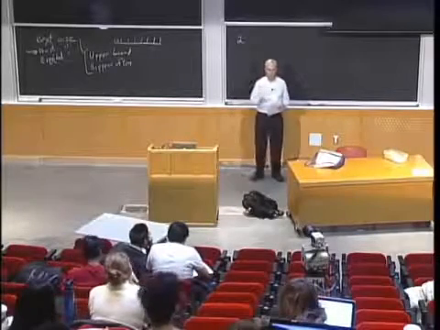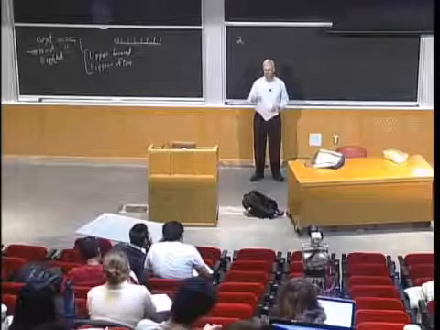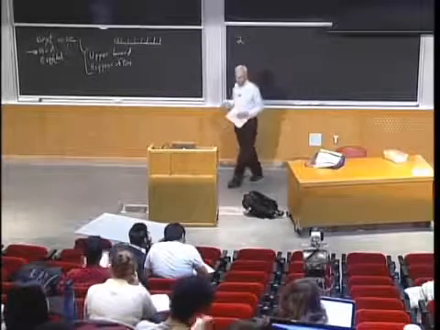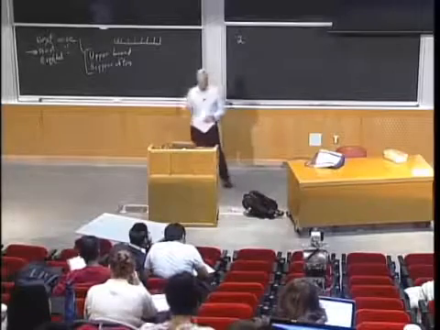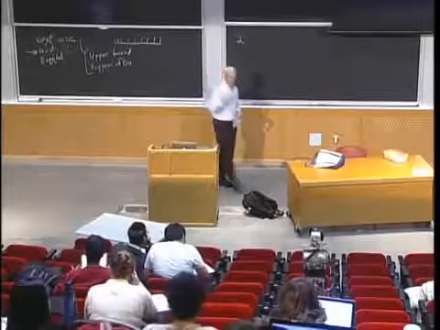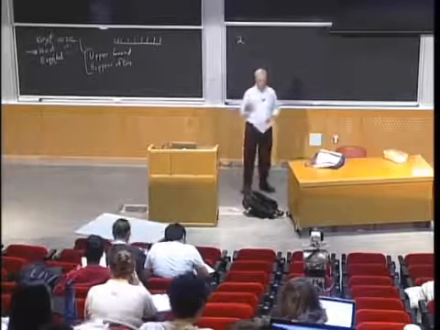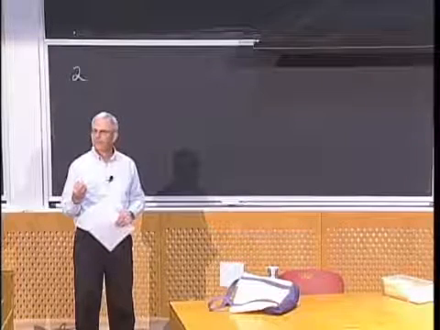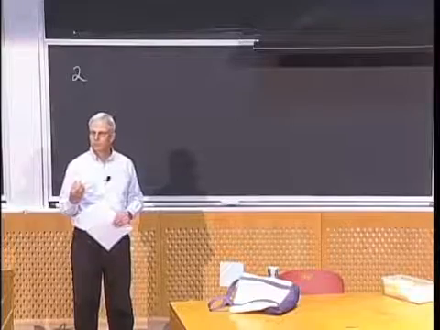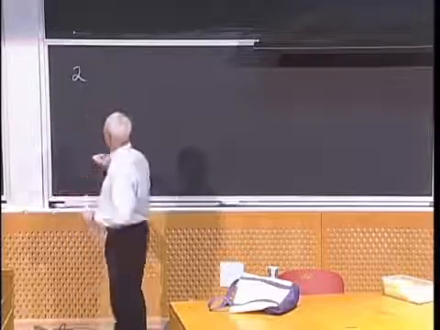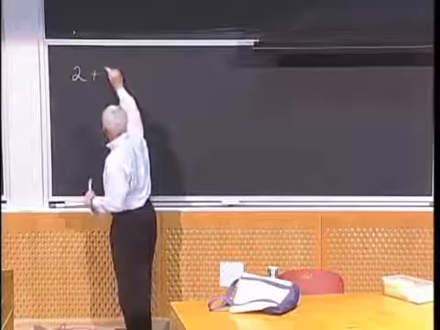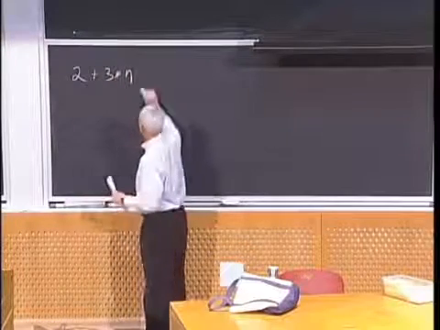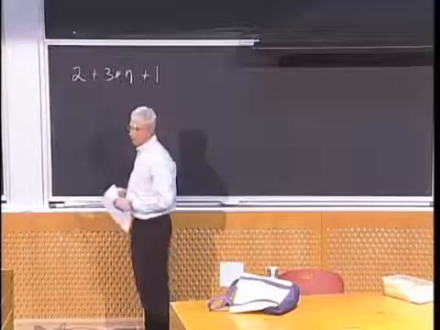Then it goes through the loop. Each time through the loop, it executes 3 steps, the test at the start of the loop and the 2 instructions inside the loop. How many times does it go through the loop? Somebody? Right, n times. So it'll be 2 plus 3 times n, and then it executes a return statement at the end.